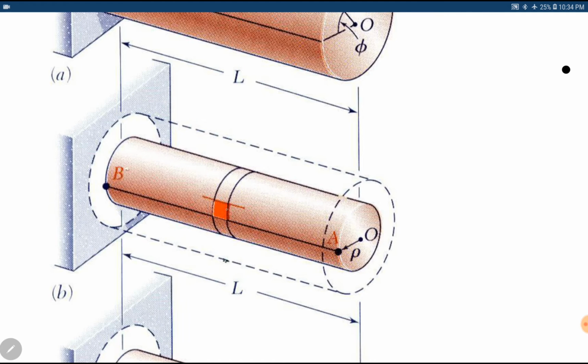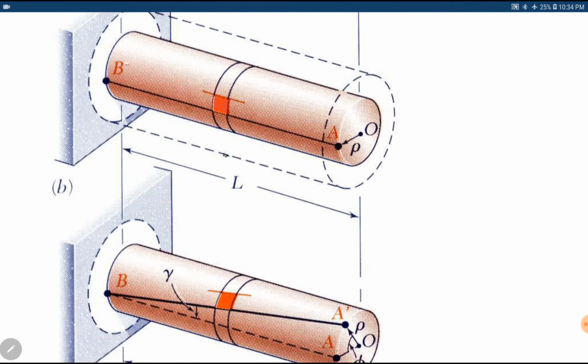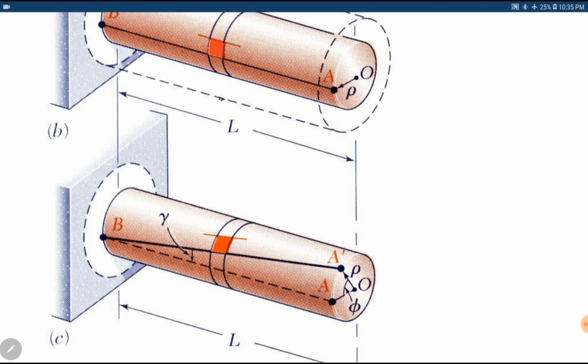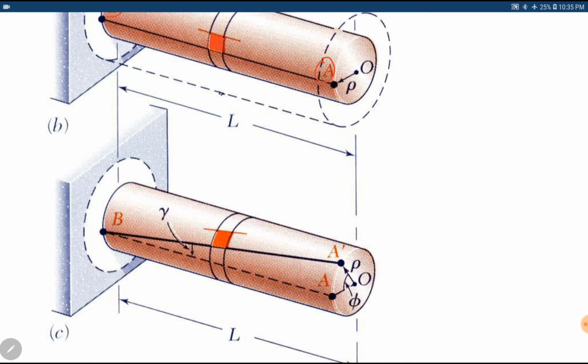We will derive an expression in terms of general radius rho. On the outer surface, you can see a red color element, a square or rectangular element. After the application of torque, you can see this square or rectangle has been transformed into a rhombus. The line AB initially, the point A has displaced from A to A dash.